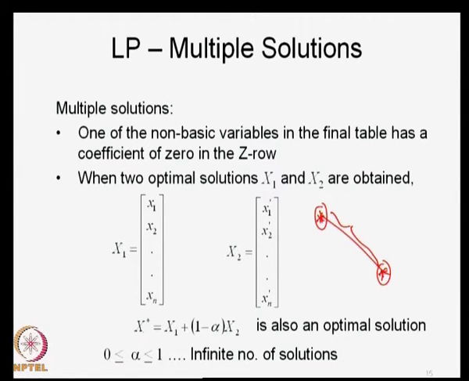Of course, x1 will be small x1 comma x2 here, and the other is small x1 dash comma x2 dash. So, let me write this as x1, x2 and this as x1 dash, x2 dash.